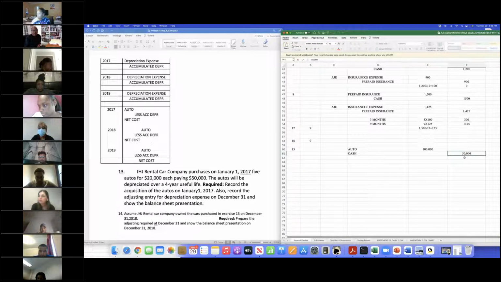So this is an entry that you've made many times in the past. But this is a prepaid asset. It's depreciating in value, so you got to write this asset off. Okay, and so that's the acquisition.